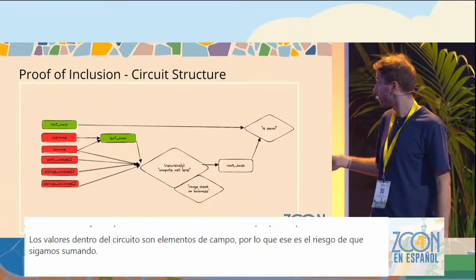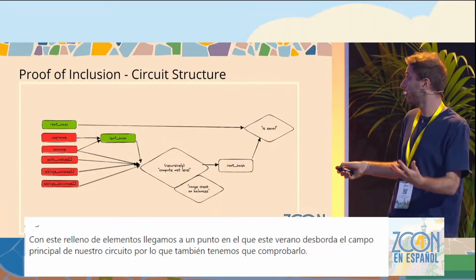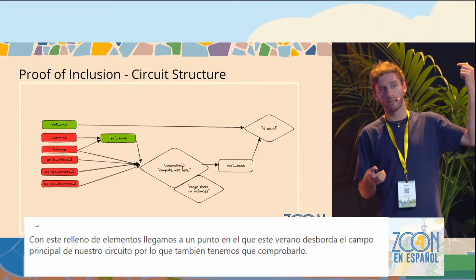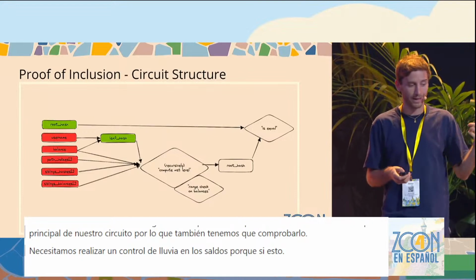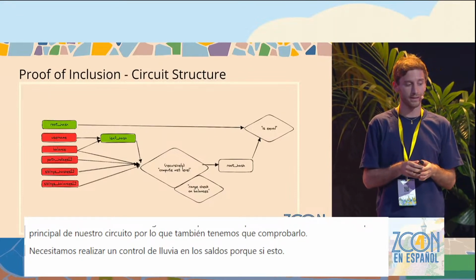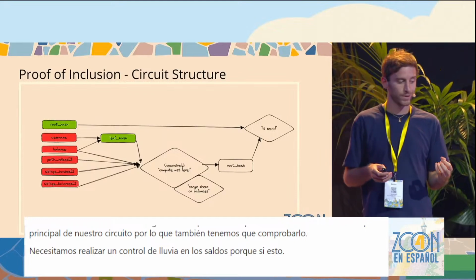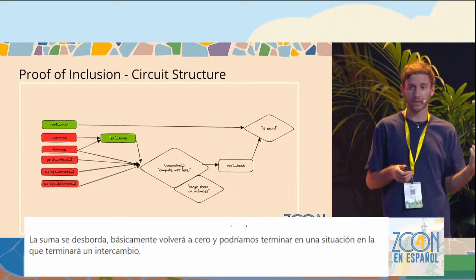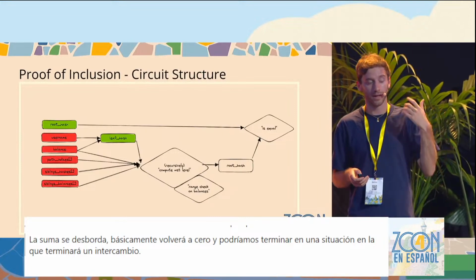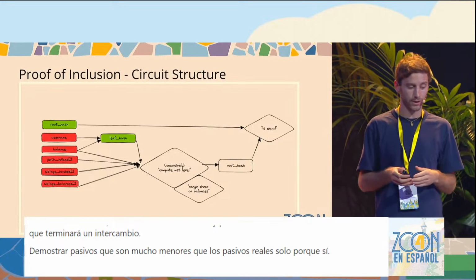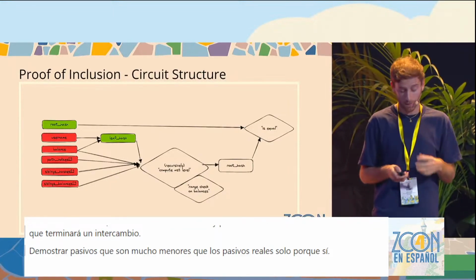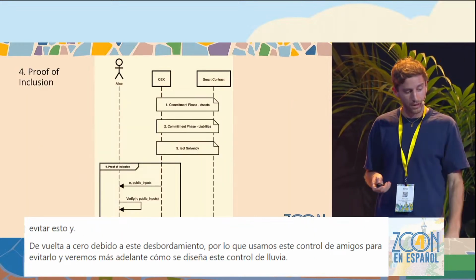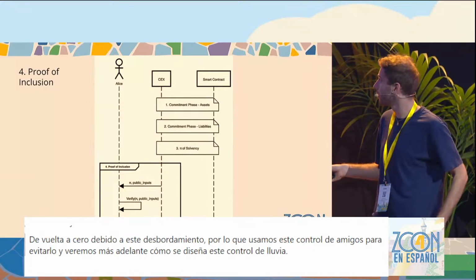So we also need to perform a range check on the balances, because if this sum overflows, it will roll back to zero, and we might end up in a situation where an exchange demonstrates liabilities that are far less than the actual liabilities, just because it rolled back to zero because of this overflow. So we use this range check in order to prevent this, and we'll see later how this range check chip is designed. So this is the last part of the flow.